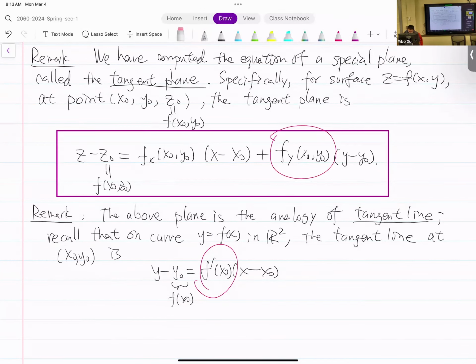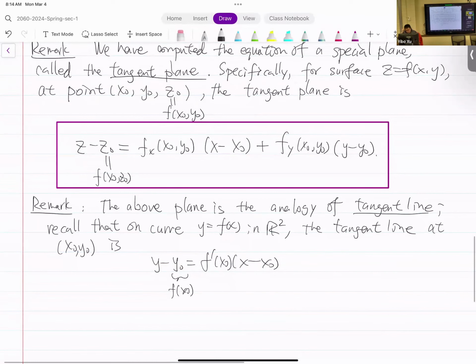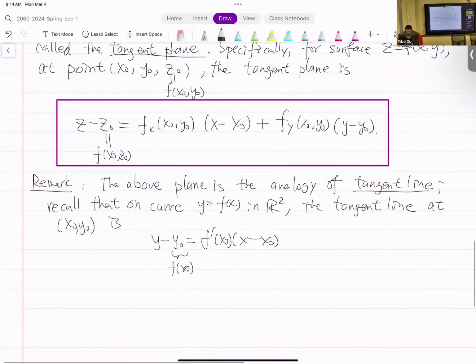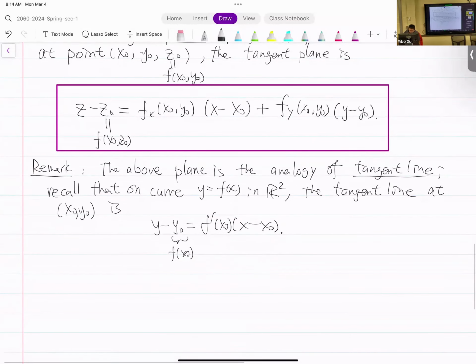So the only difference here is that there are two terms and two variables for the tangent. And we do know that the tangent line is the linear approximation of your function f of x, right? And this is also the case for the multivariate case.